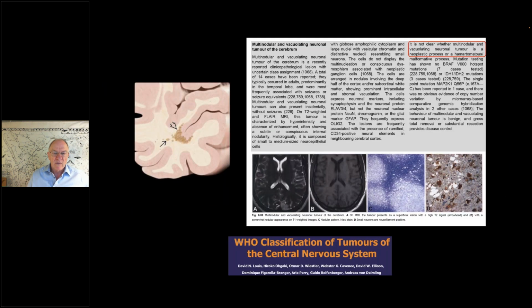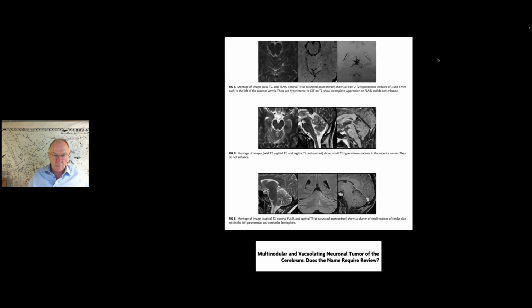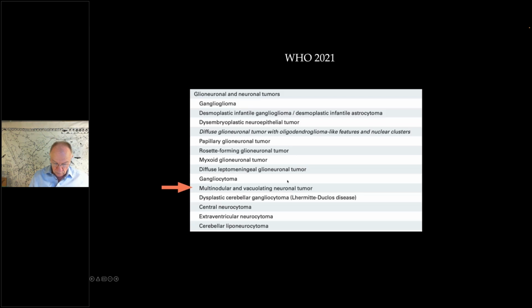In the 2016 classification, this is from the 2016 book, but over here also they have mentioned that it is not clear whether the MVNT is a neoplastic process or a hamartomatous malformative process. It was initially termed MVNT of the cerebrum, but later on we had cases which also demonstrated these changes in the posterior fossa. So they changed the terminology in the 2021 classification to multinodular and vacuolating neuronal tumor.